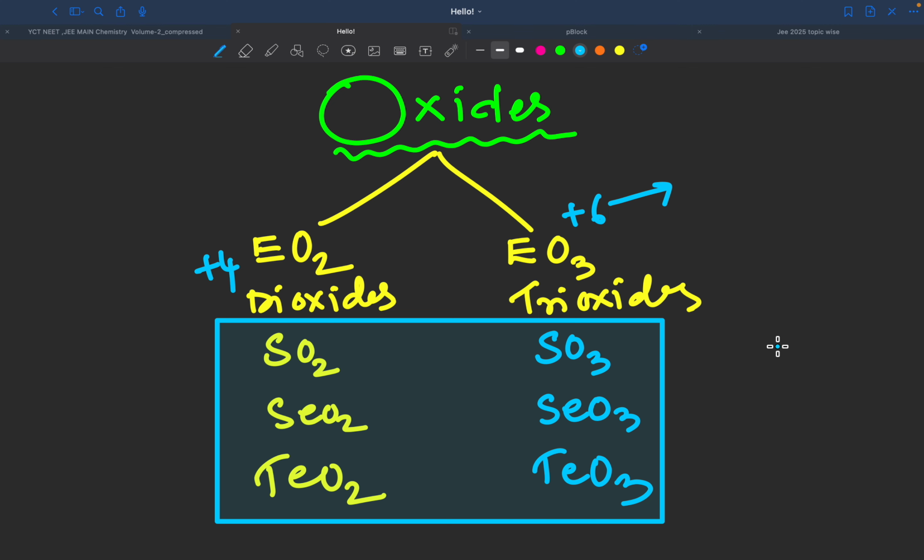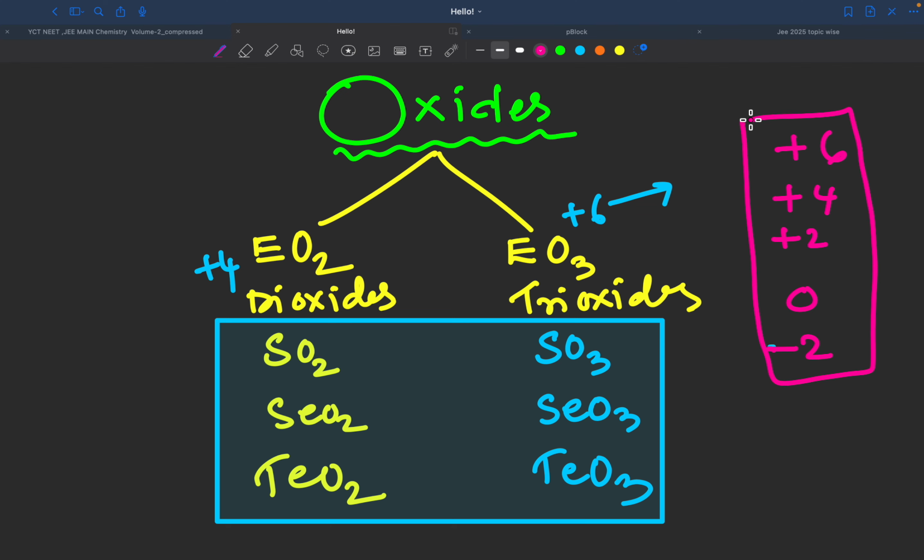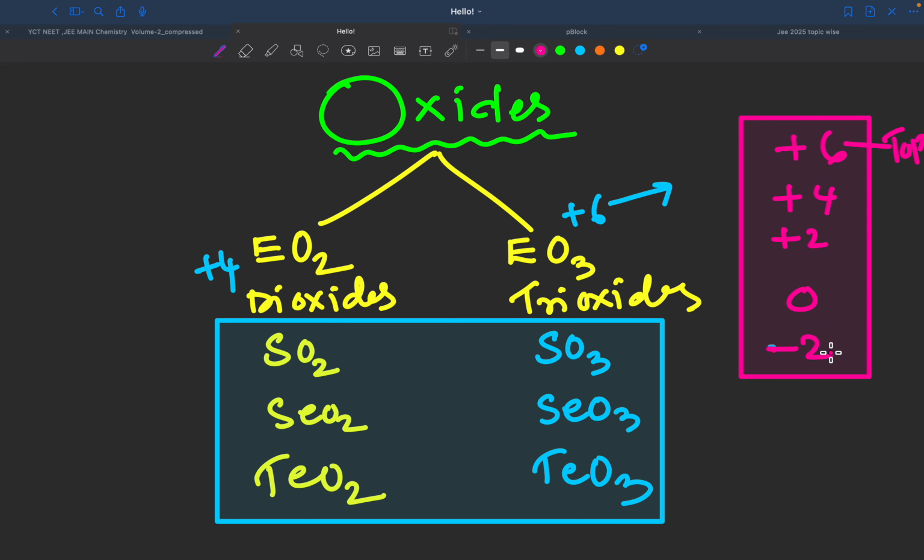If you check these oxidation numbers, it starts from -2, right? So 0, +2, +4, +6. So these are the highest oxidation numbers. Out of these oxidation numbers, the top oxidation number is this one. This is on the top and this is on the bottom.